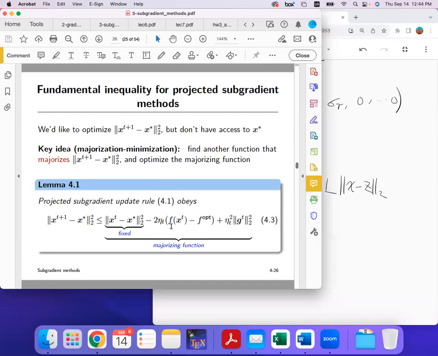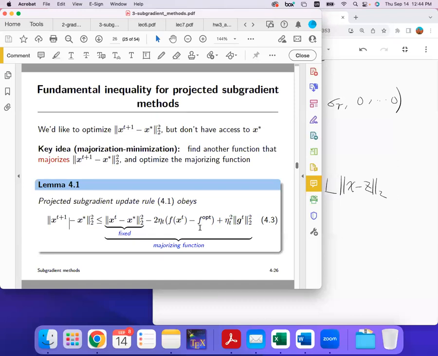Now the second term, this difference, is definitely positive because this is the optimal function value, the minimum value. So we are subtracting a positive term and adding another positive term. So it is not clear what the final sign of these two terms is. Therefore, this distance may not necessarily be monotonically decreasing.